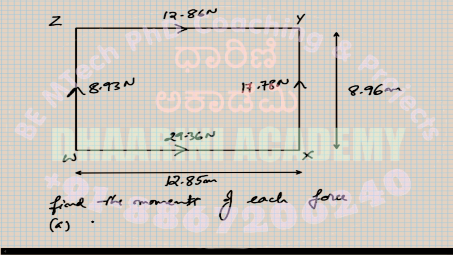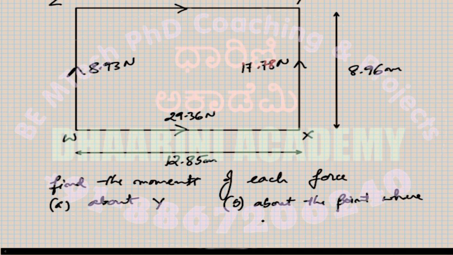Part A of the question is about Y. Part B of the question is about the point where the diagonals meet.